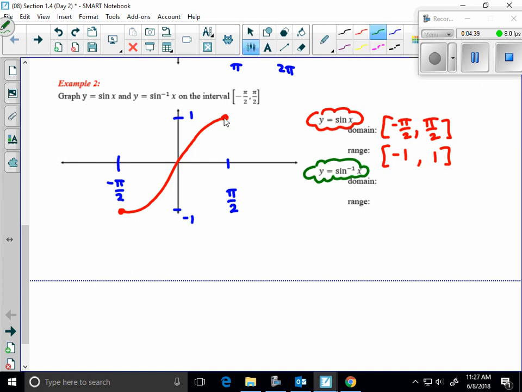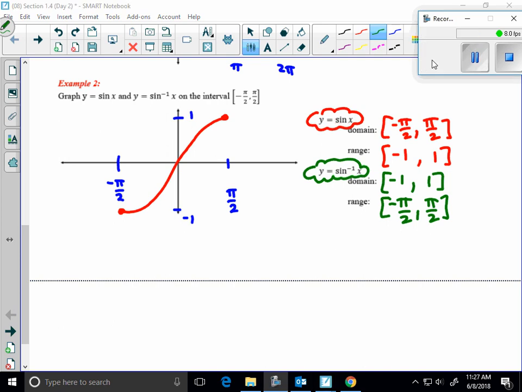Our inverse is going to acquire the domain as its range, and the range as its domain. So the range of sine x will now become the domain of inverse sine x, and the domain of sine x will become the range of inverse sine x.